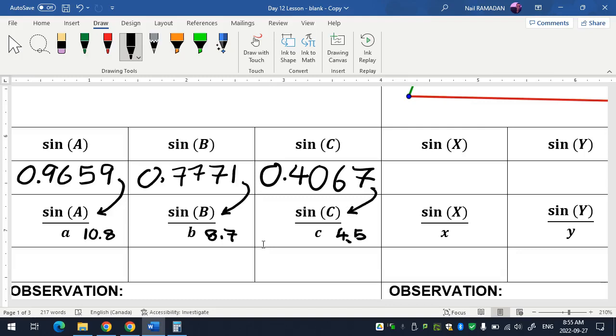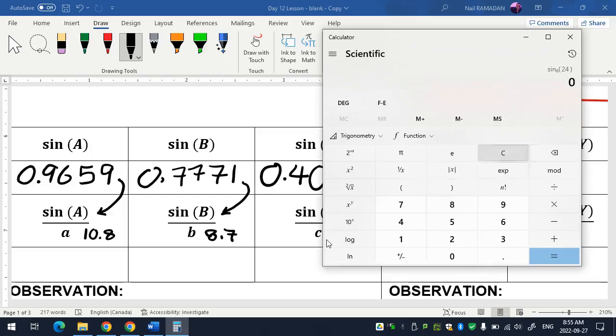Okay, so now all I'm going to do is divide this number by the corresponding A, which is 10.8. All right, let's see what we get. So let's do the first one. Clear. 0.9659 divided by 10.8.